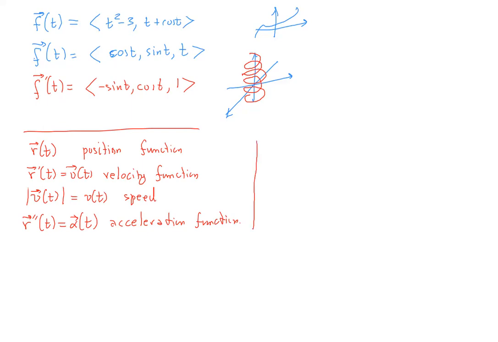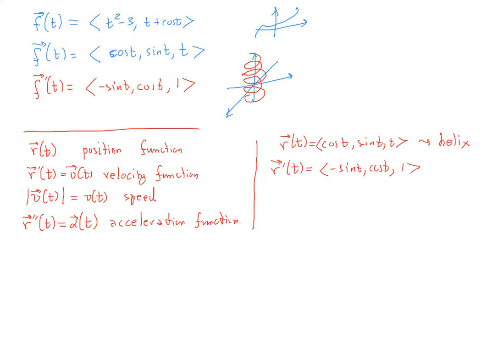So the example that I just gave you, r of t is equal to cosine t, comma sine t, comma t, has as its trajectory a helix. The velocity is negative sine t, cosine t, comma 1.